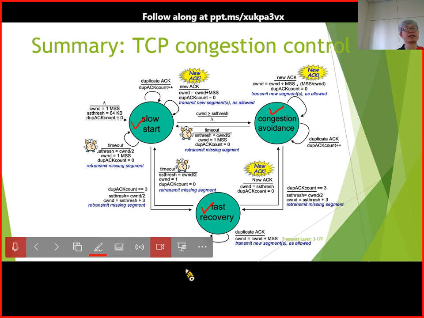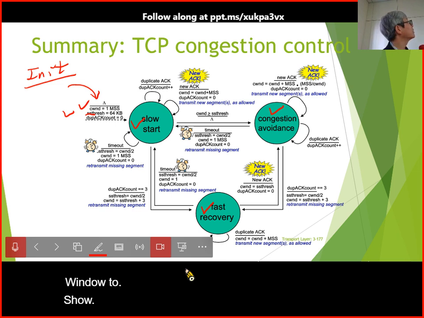Well, slow start here. This is the initialization. In initialization, we set the congestion window to 1 MSS, maximum segment size, and the SS threshold we set to 64.